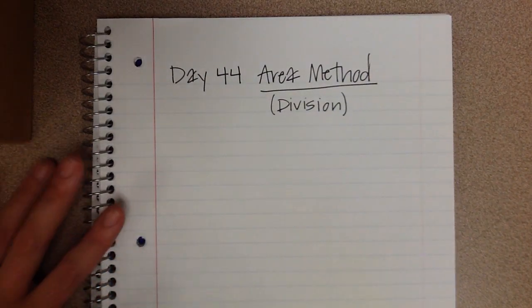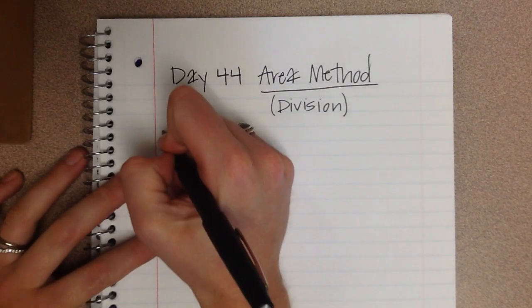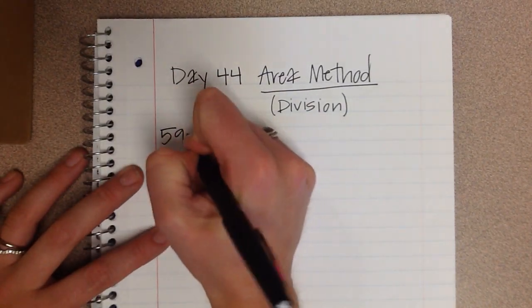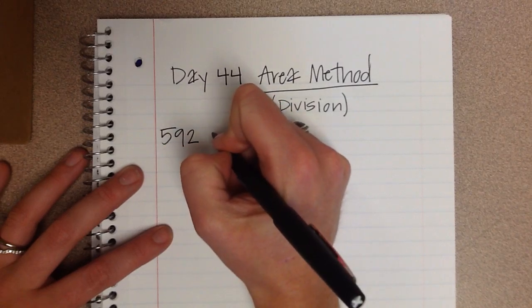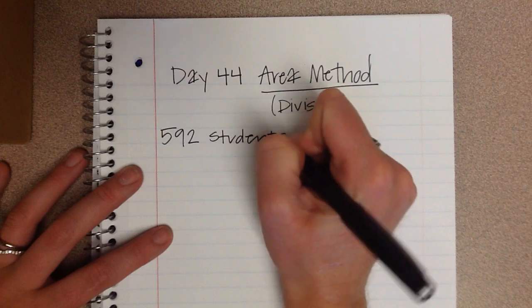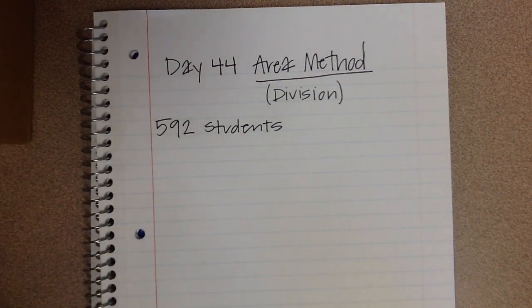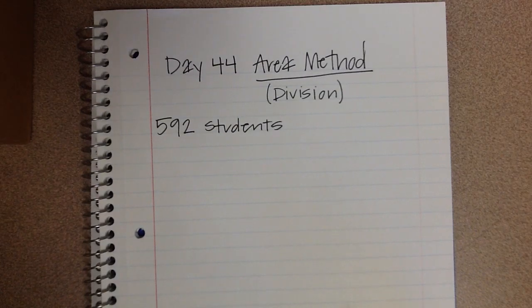Okay, so let's talk about a problem. Say there are 592 students participating in Boosterthon, okay? So at the whole school, there are 592 students participating.